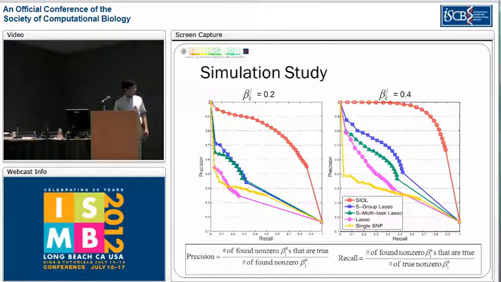Here the precision was defined by this, and the recall was defined by this, which means that if we have high precision, then most of our findings are actually true. And if we have a high recall rate, then we found many true associations, SNPs.